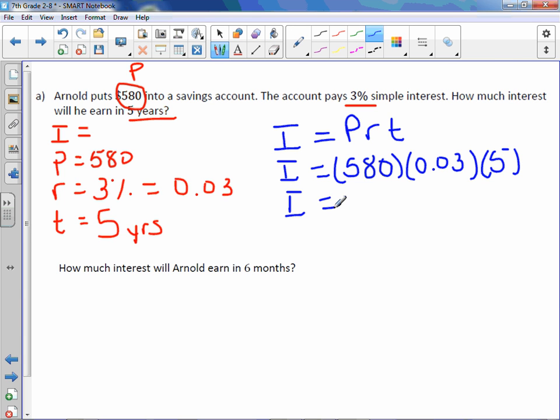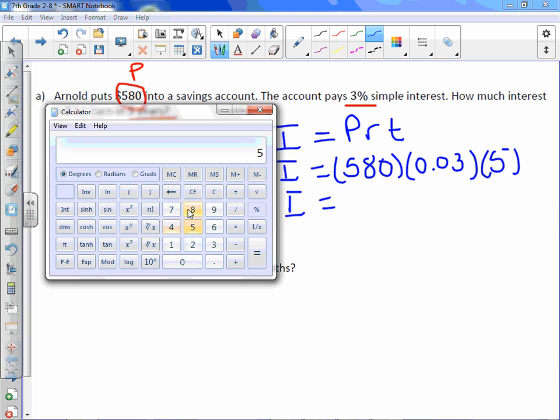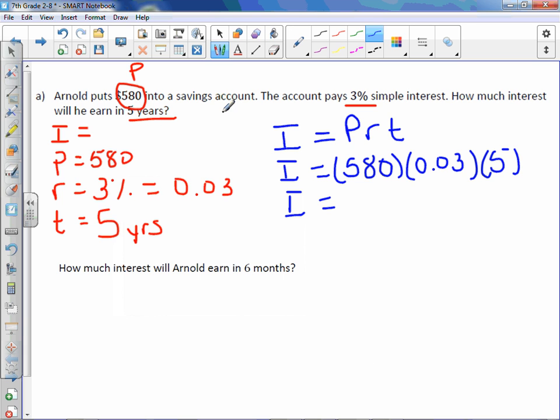I equals, all you need to do is multiply these three numbers together. So 580 times 0.03 times 5 equals 87. So the simple interest is 87. The question is asking how much interest will he earn? So our answer is $87.